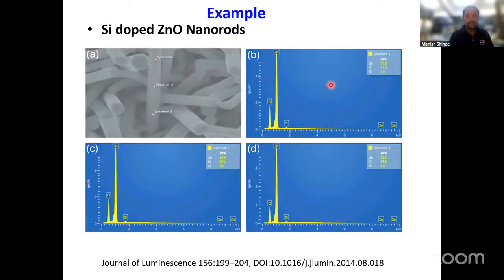At each point, the distribution of zinc, oxygen, and silicon is different because the doping is not uniform on the rod. You can see here the silicon doping is around 1.9 atomic percent. At spectrum 2, it is around 1.3 atomic percent. And at spectrum 3, it is around 1.6 atomic percent. So the distribution of silicon is not uniform throughout the sample. So this kind of information can be obtained by using SEM.